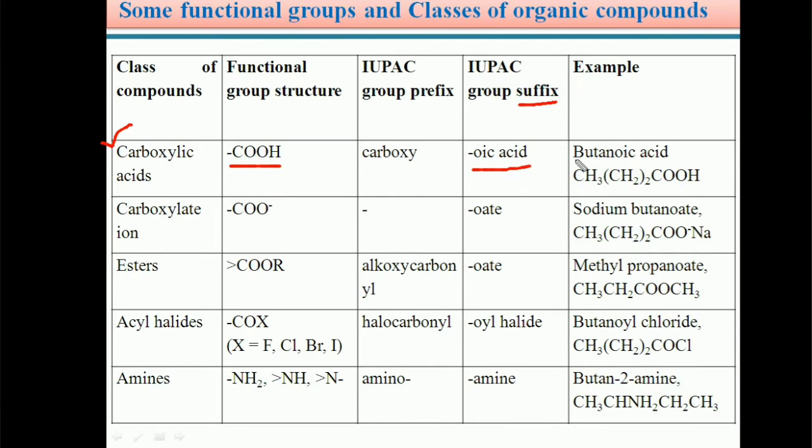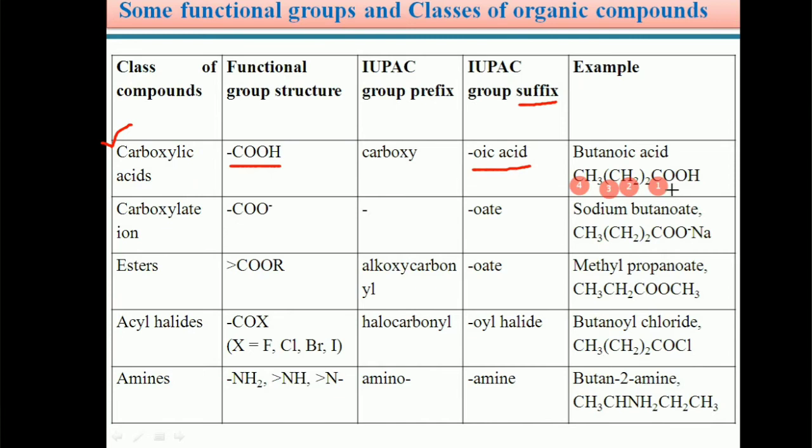For example, students, butanoic acid. If you give numbering 1, 2, 3, 4, in butanoic acid there is a direct bond between 4 carbon atoms.